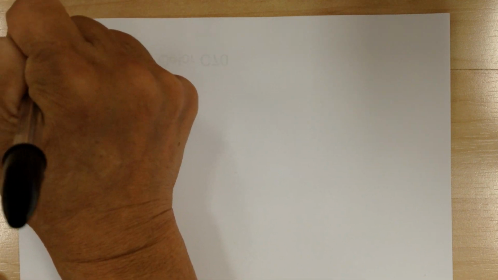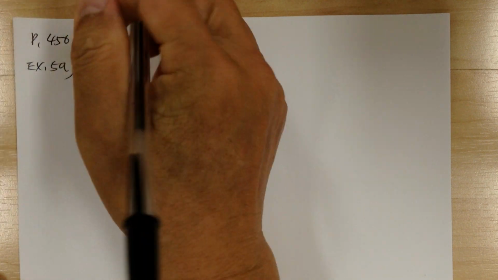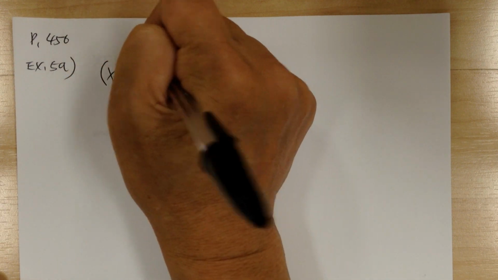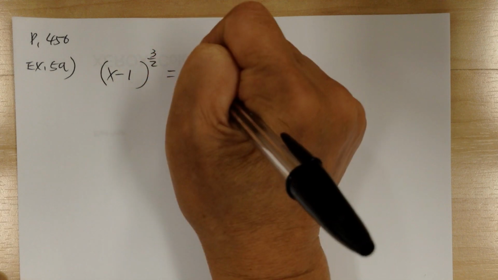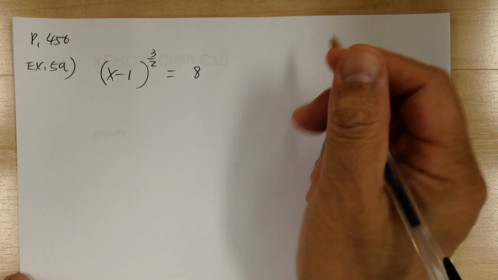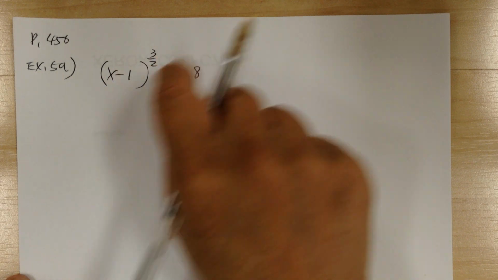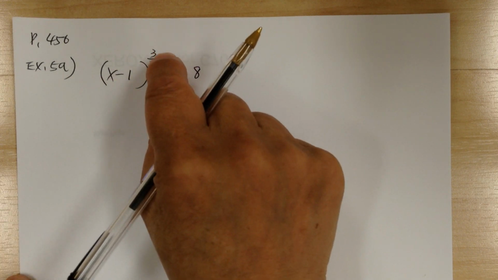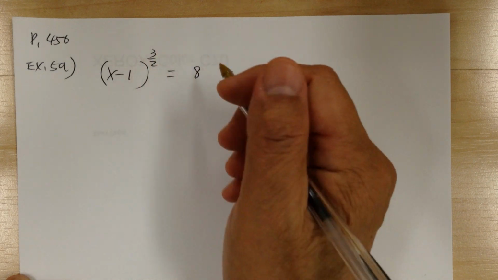Okay, let's go to example 5a. This is to solve: x minus 1 to the 3 over 2 power is equal to 8. To solve for x, you have to get rid of everything further away from it. To get rid of that, you need to raise everything.